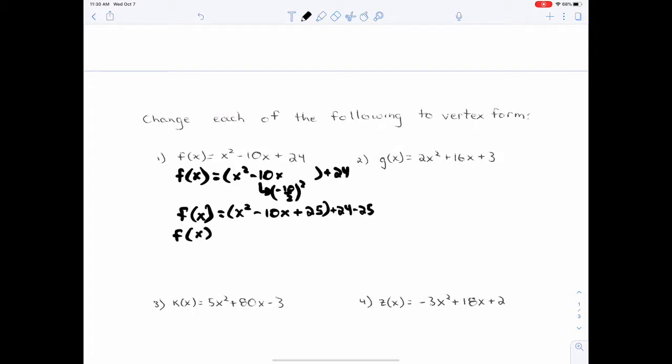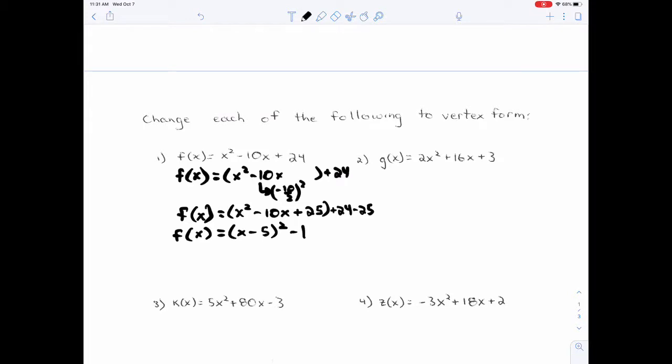And now I'm going to factor it and combine those two things. Okay? So I'm telling you, if I graph f of x equals x squared minus 10x plus 24, and then I graph f of x equals x minus 5 quantity squared minus 1, I'd be graphing the exact same thing. They're just two forms of the same thing.